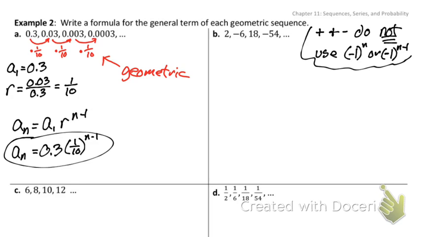Do not do it. In geometric sequences, you don't have to worry about positive and negatives. Everything will take care of itself. It will take care of itself.